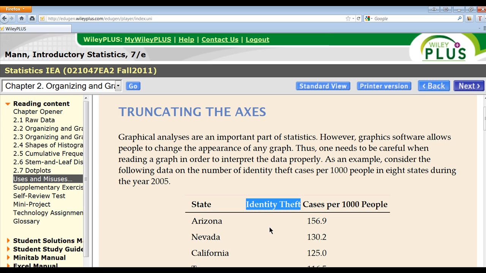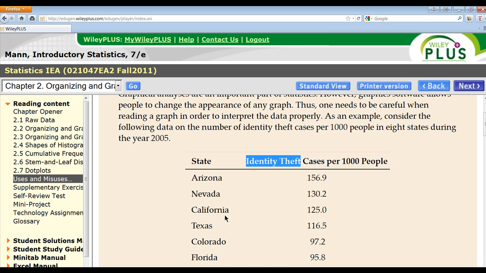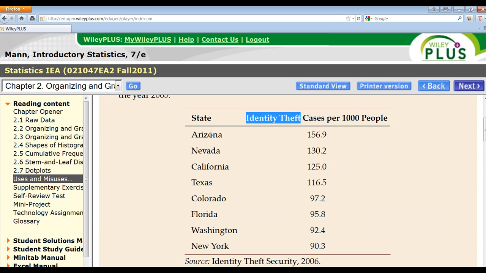These are 8 states: Arizona, Nevada, California, Texas, Colorado, Florida, Washington, and New York. And this comes from Identity Theft Security 2008.